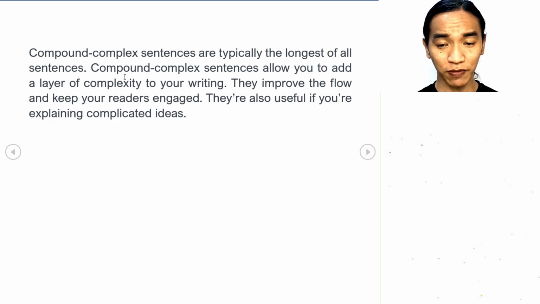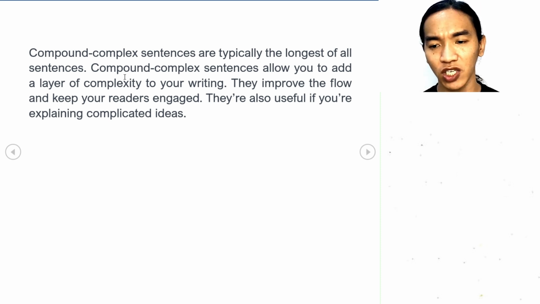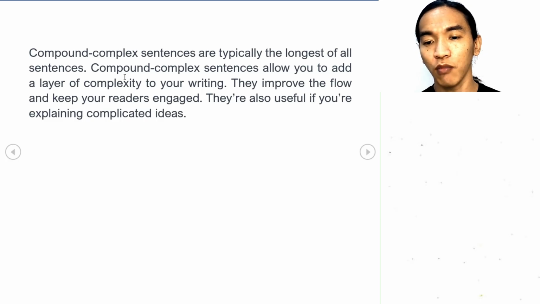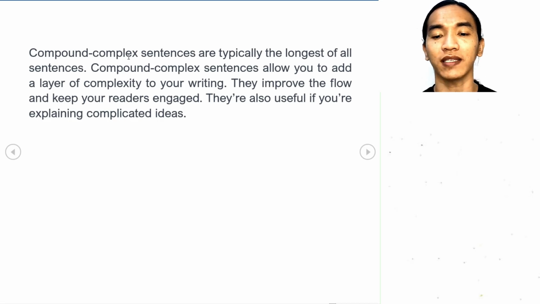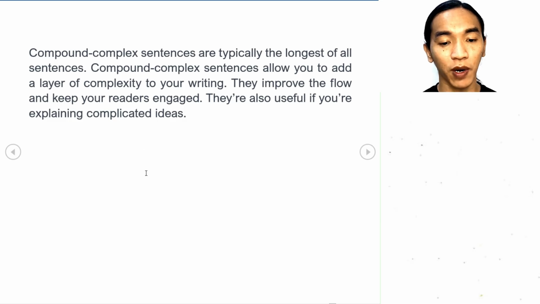And they are also useful if you're explaining complicated ideas. All right. So, this is what we use in conversation or in dialogue when we want to be more detailed and explain complicated ideas just like this. Now, we can use compound complex sentences as part of your structure for conversation.